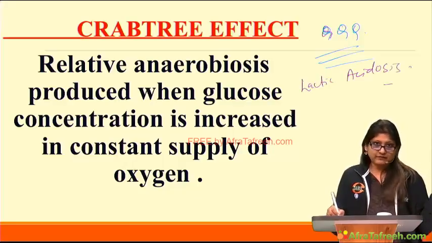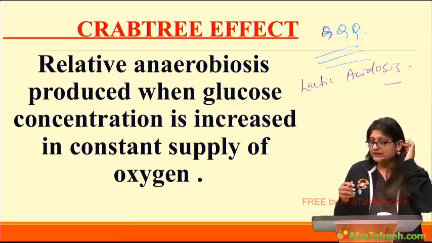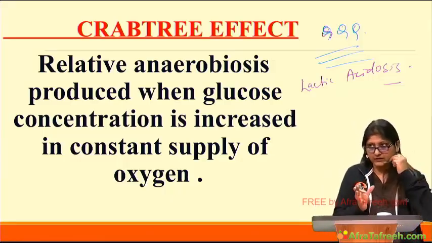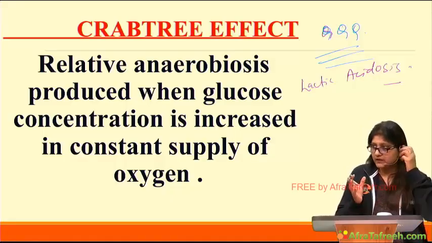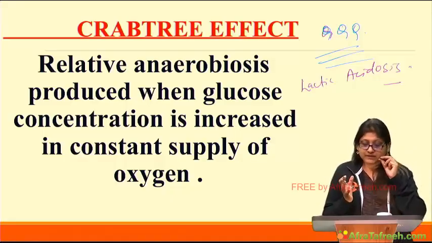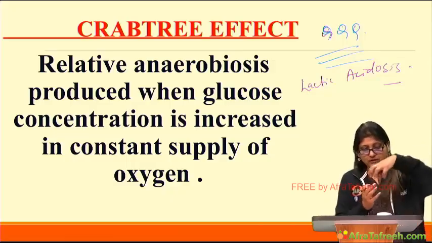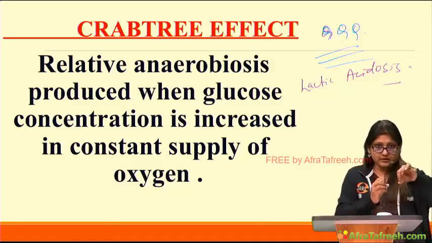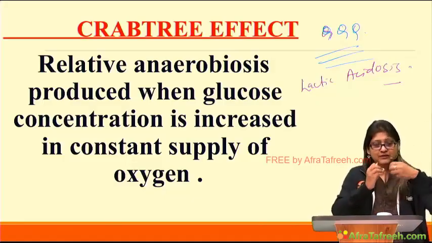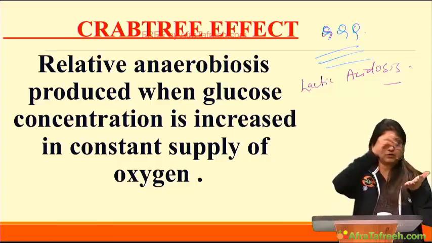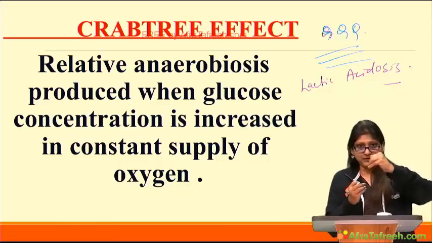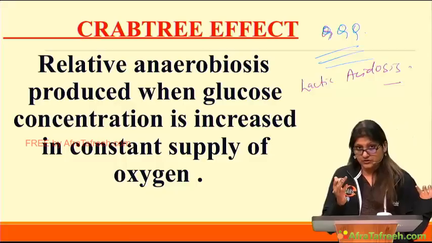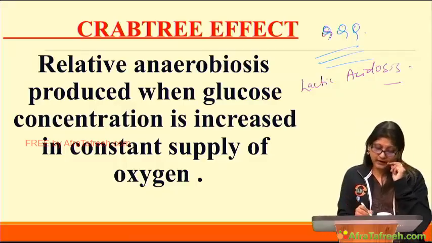So what is Crabtree effect? See, the glycolytic pathway is a very, very beautiful pathway. If it is going at a fixed rate and with a proper supply of oxygen, everything will be good in the cell, right? But suppose you're increasing the glucose in the glycolytic route without increasing the oxygen, or increasing some of the intermediates of glycolysis, like for example fructose 6-phosphate or glucose 6-phosphate directly coming from some other pathway and getting dumped in the glycolytic route, but at that time you're not increasing the oxygen, then it will result in relative anaerobiosis.